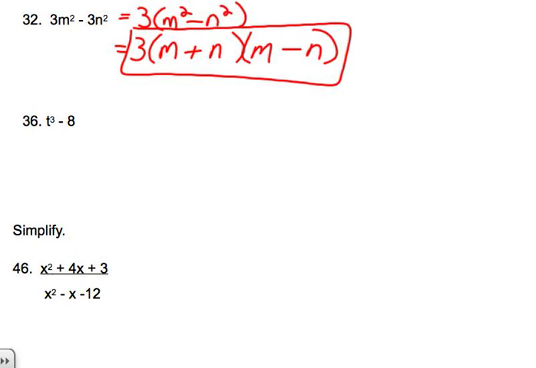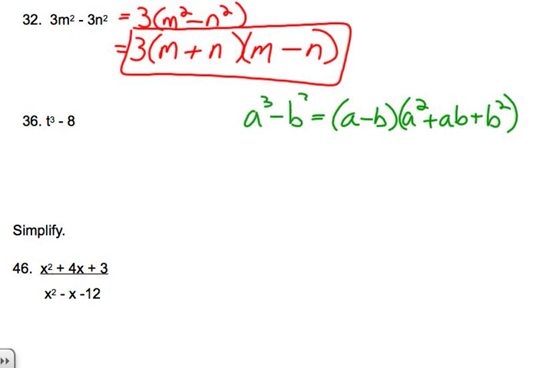Number 36 is a difference of 2 cubes. You need to remember this formula: a minus b times a squared plus ab plus b squared. You use this whenever you have a cubed minus b cubed. So identify what a is and b is.